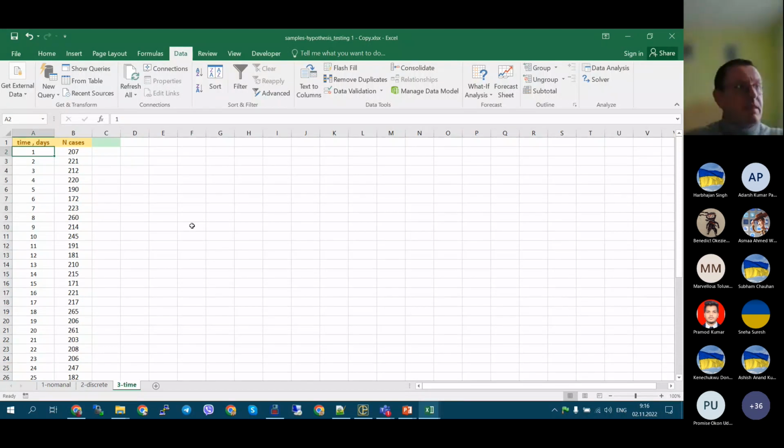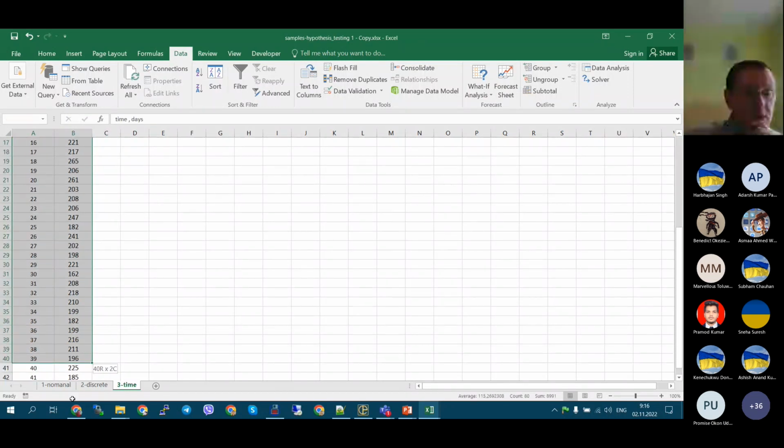Practically in classes we will deal with COVID data, and here I use numeric data from the previous example, but under different circumstances. Here I consider it as the number of cases of a specific illness within days, and here we measure time.